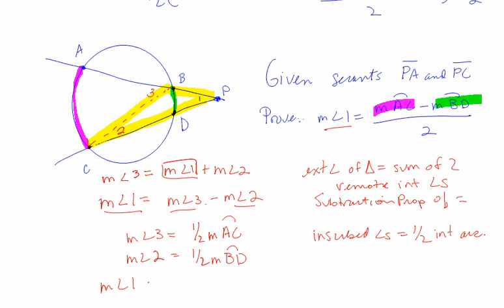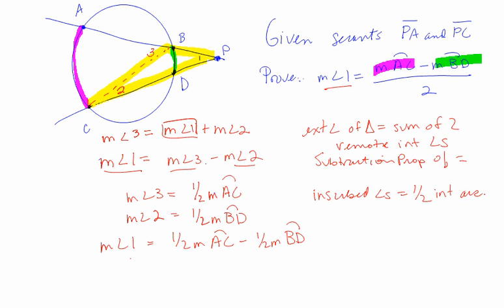And let's do some substitution just like we did in the last one. 1/2 the measurement of arc AC for angle 3 and 1/2 the measurement of arc BD for angle 2. And after that, we can just write equivalent statements. That was a substitution.